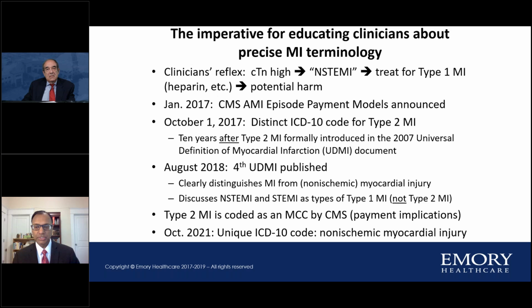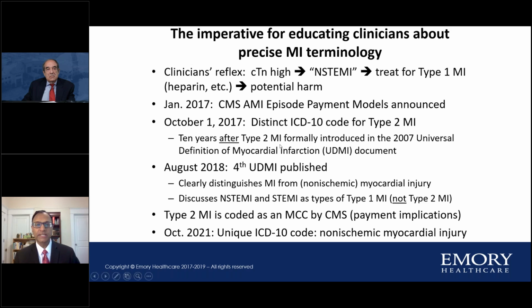Troponin elevation, as we'll see, really only indicates that there is injury to the myocardium. It does not tell you what the mechanism of that injury is, as we'll go over in quite a bit of detail. In January of 2017, Medicare introduced the AMI episode payment models, which really makes it imperative to make sure you're properly diagnosing MI as opposed to other types of myocardial injury.